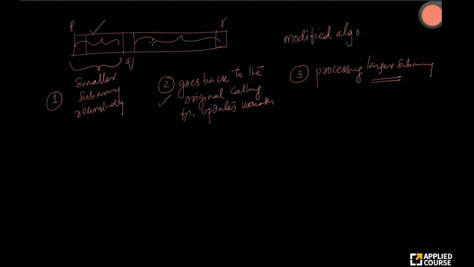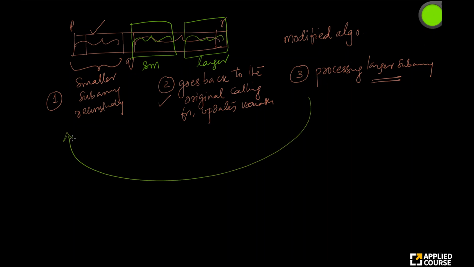Again, this larger subarray will be broken up into two subarrays, and amongst them there will be one which is smaller and one which is larger. It will again process the smaller subarray first, go back to the calling function and process the larger subarray. It will keep doing these three steps recursively. So what will be the worst case of this algorithm in terms of space?